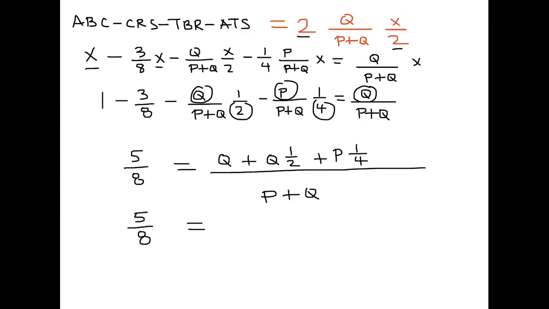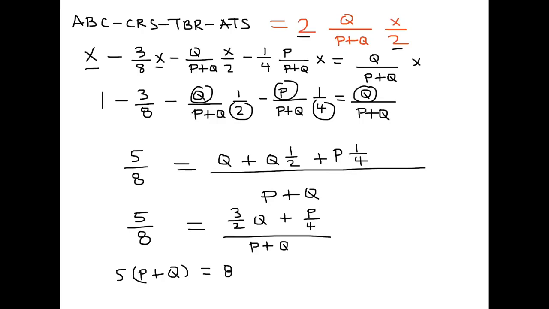So we've got 5/8 is equal to 3/2 Q plus P/4 over P plus Q, and then we'll cross multiply like that.